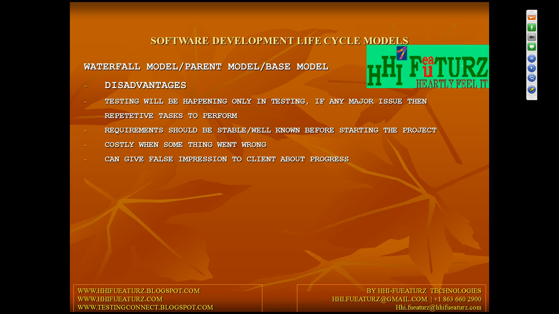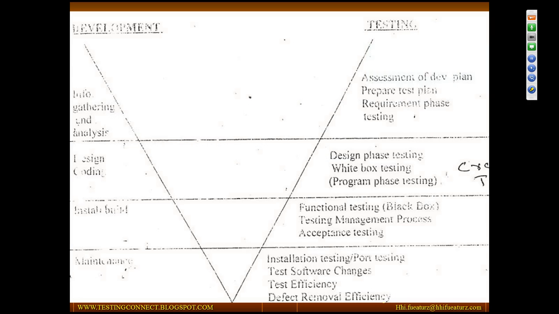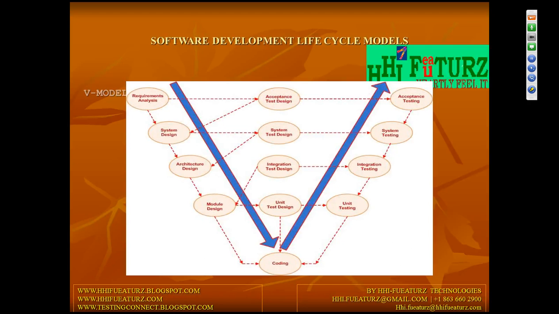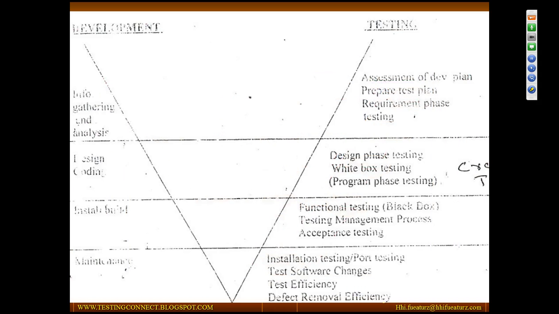So to overcome the drawbacks of the waterfall model, the V model comes into the picture. Our next model is the V model. The major difference between the waterfall model and the V model is that in the waterfall model, only the team members of the phase that is going on are present.